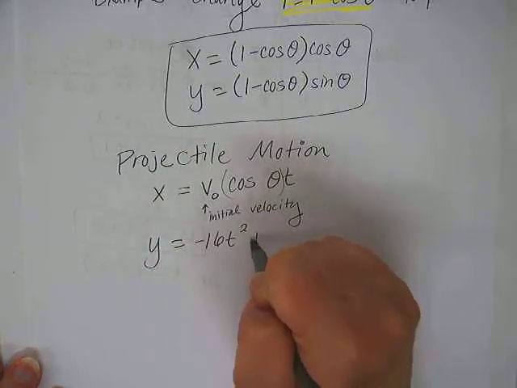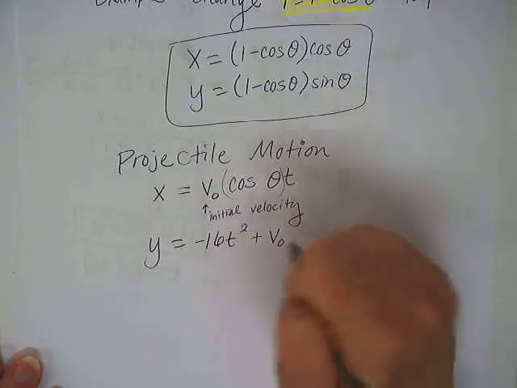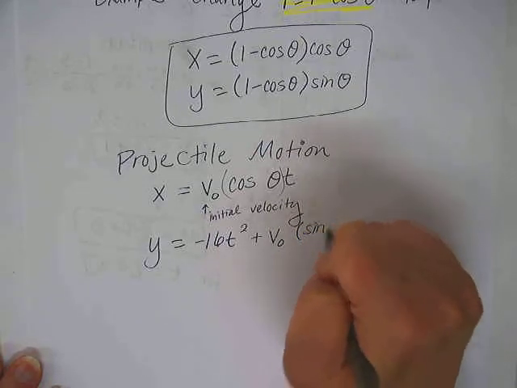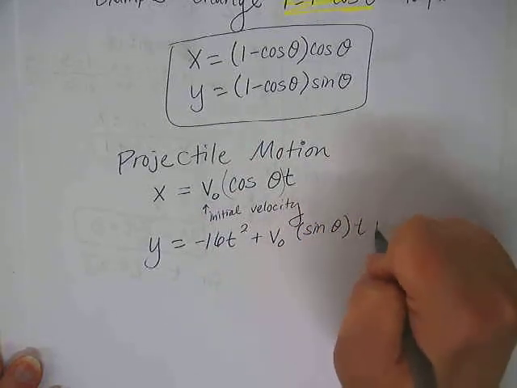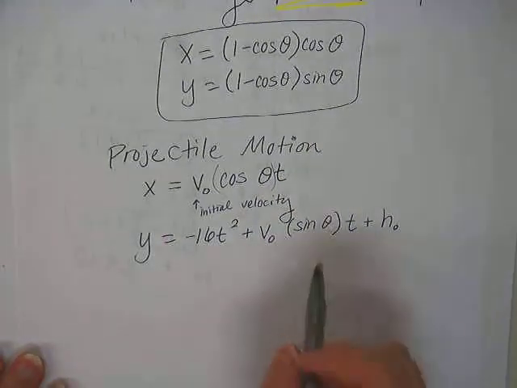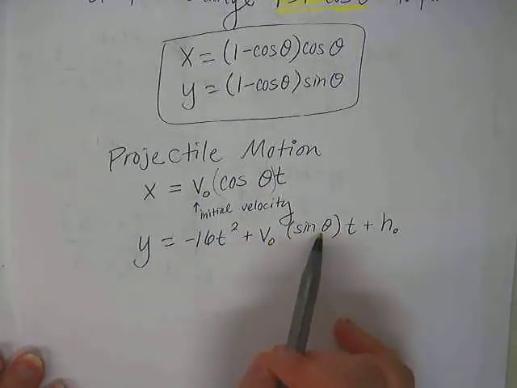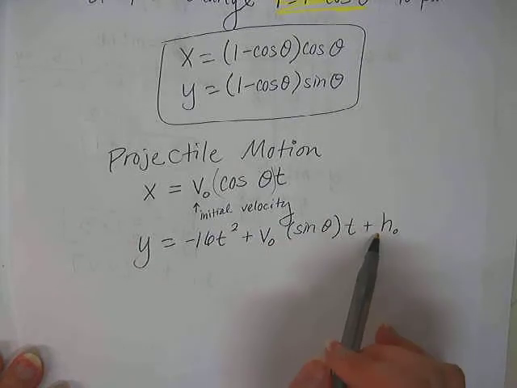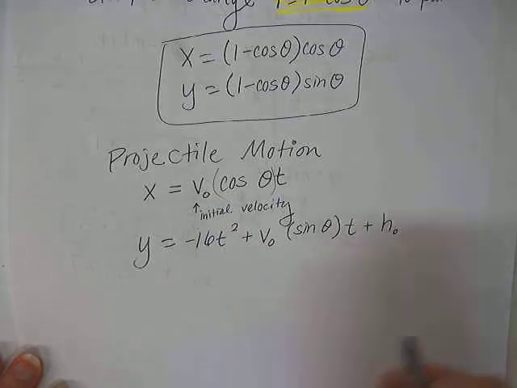Pretty sure that theta stands for the angle at which the projectile is projected. Okay. So that's the horizontal position. The vertical position is given by this equation, which you'll notice is parabolic. It's a quadratic.